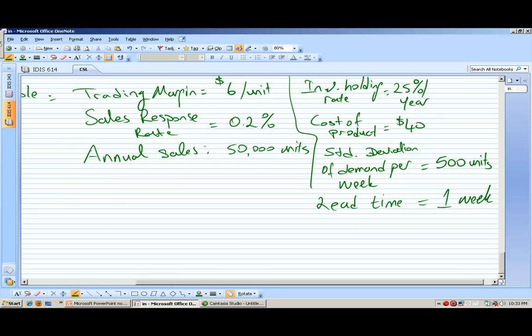Okay, now first I'm gonna start with delta P, and delta P was trading margin multiplied by sales response rate and multiplied by annual sales. So $6 and 0.2 and 50,000. Okay, I made a mistake here intentionally.